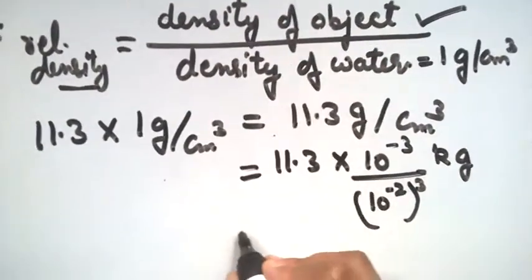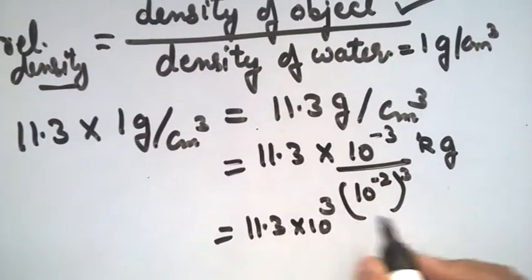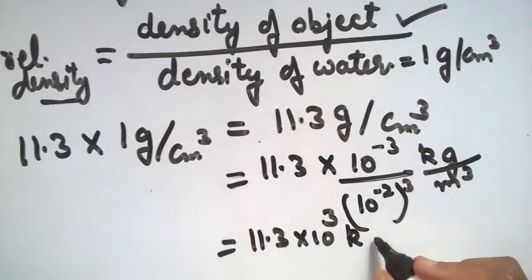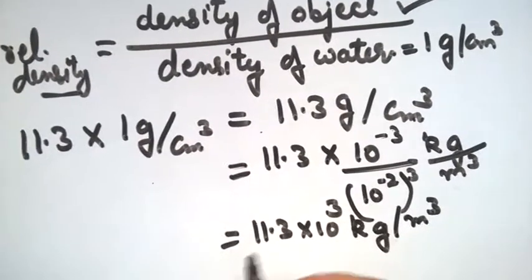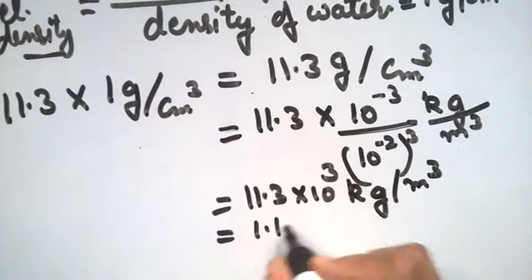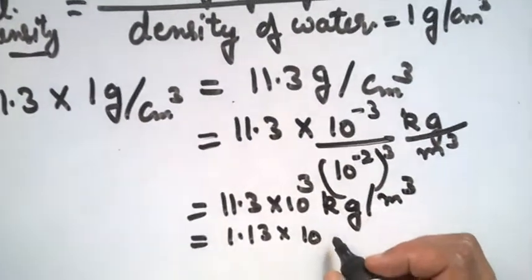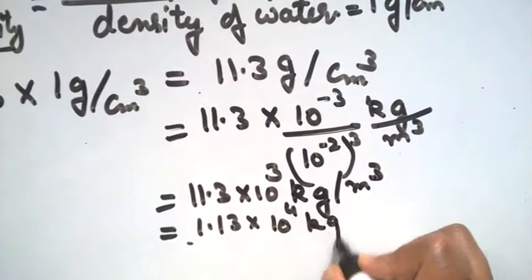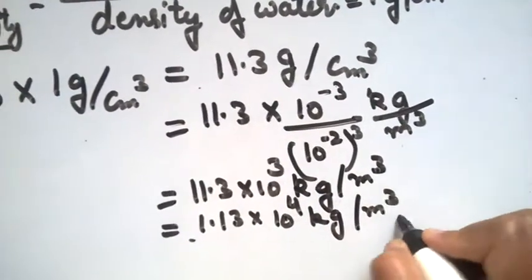When we solve it, we get 11.3 into 10 raised to the power 3 kilogram per meter cube. Or further we can write 1.13 into 10 raised to the power 4. It's not necessary, but if we want to solve it further, then this is the answer.